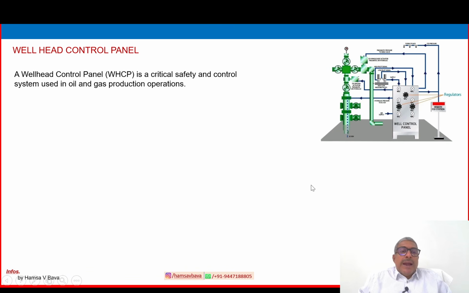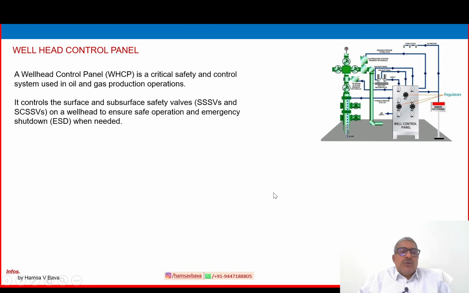A wellhead control panel is a critical safety and control system used in oil and gas production operations. It consists of a surface controlled safety valve, SCSSV, and a subsurface safety valve.